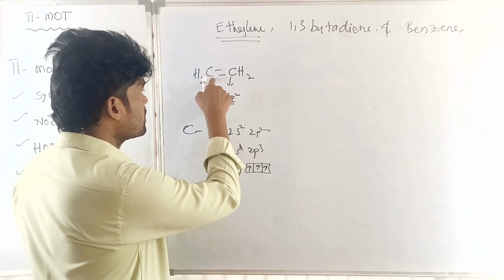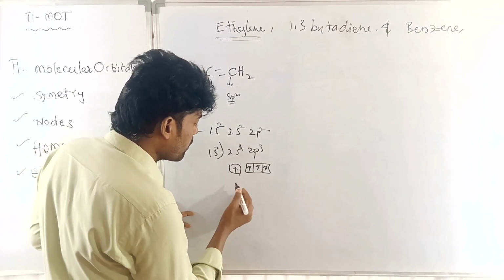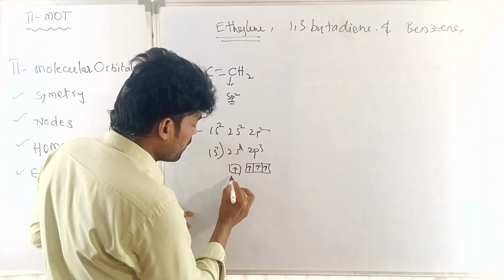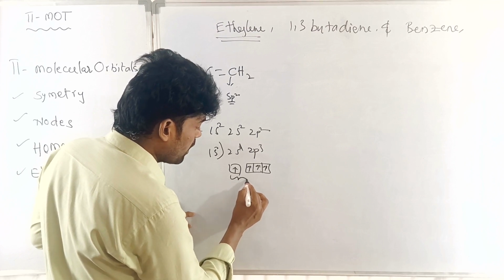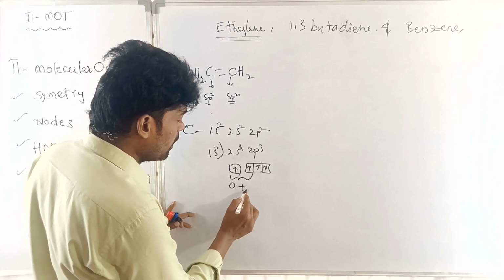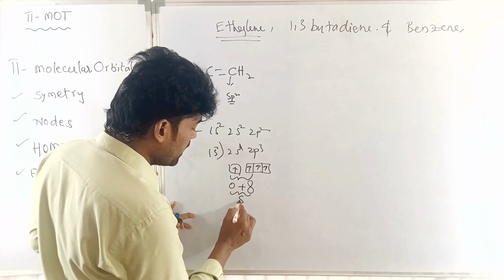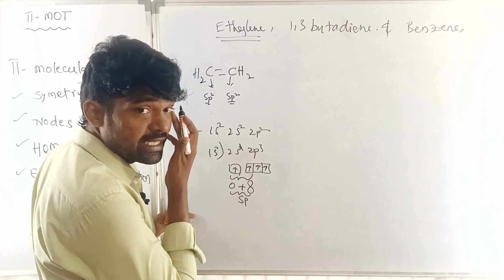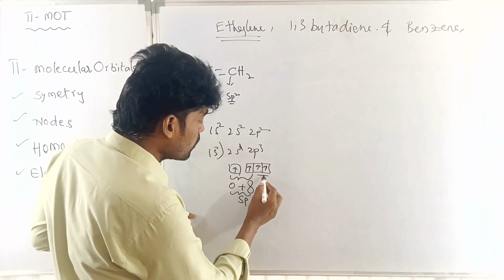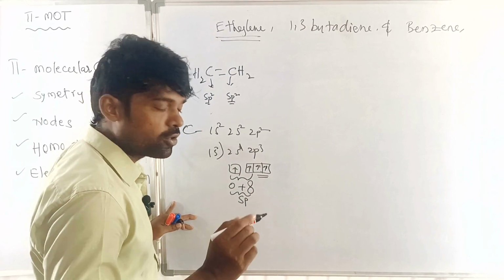So this central atom undergoes hybridization. How does hybridization happen? If one s orbital mixes with one p orbital, that is called sp hybridization. In this sp hybridization, two other orbitals are there which are not participating in the hybridization. You have to remember it.